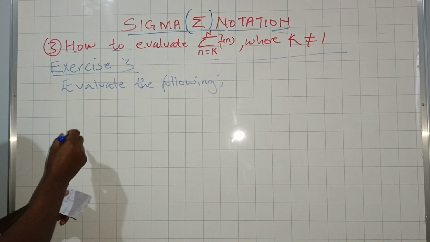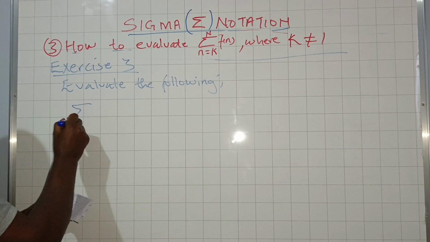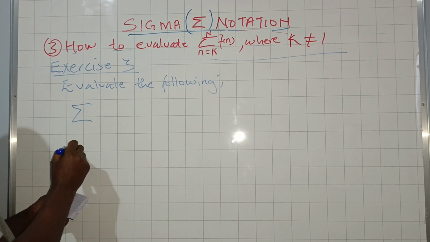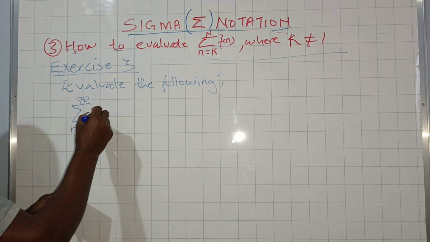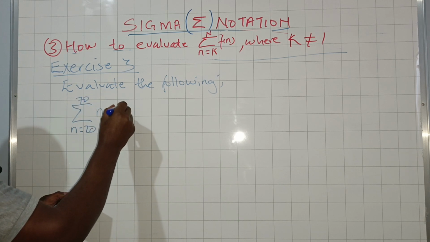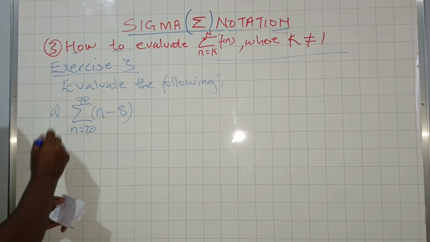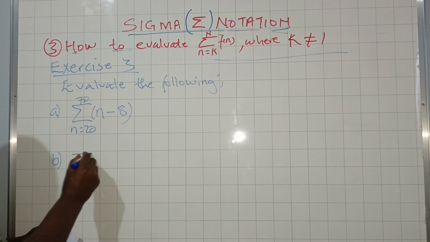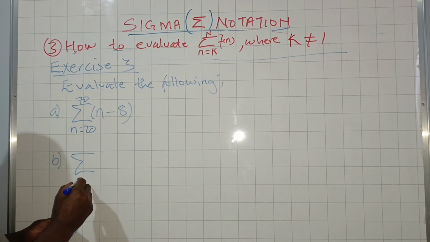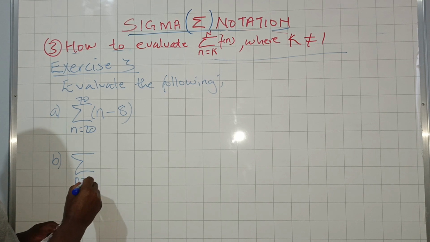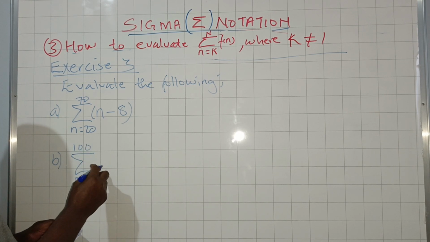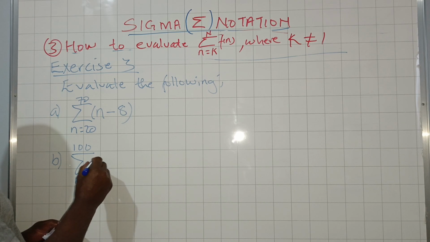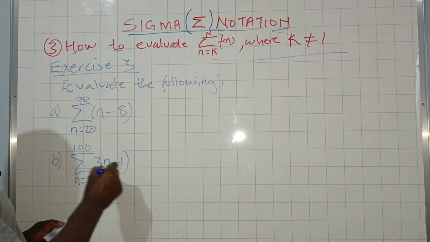You're going to be having the summation from n equals 20 to 70 of n minus 8. That's going to be the first one. The second one is going to be the summation from n equals 35 to 100 of 3n minus 1.